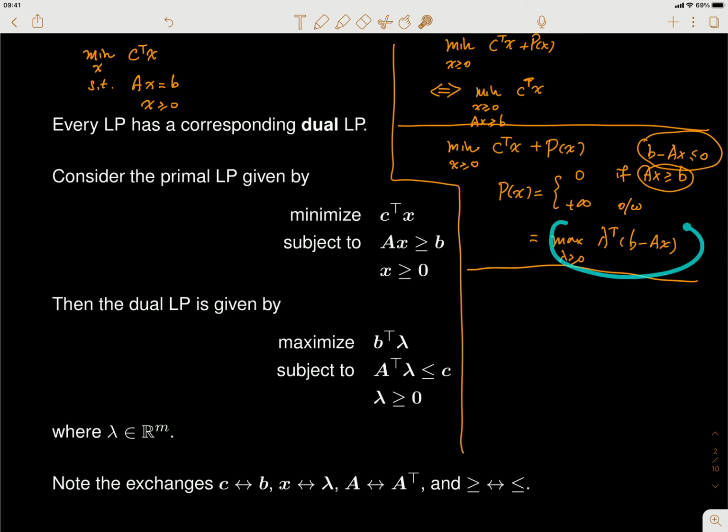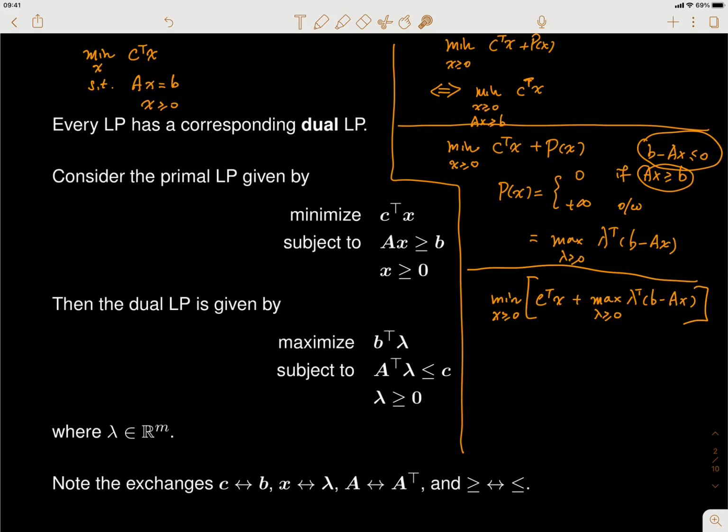I will get just the top row. It becomes c transpose x plus the maximum over lambda greater than or equal to 0 of lambda transpose (b minus Ax). Okay, so don't be confused with the min and max in here. It's very common in optimization.